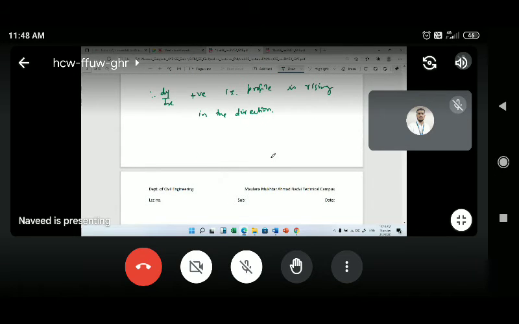So now we'll apply the end condition for the M3. So what will happen? Now apply end conditions.